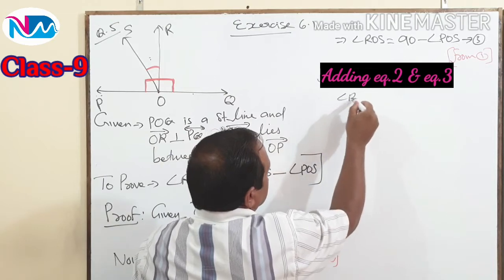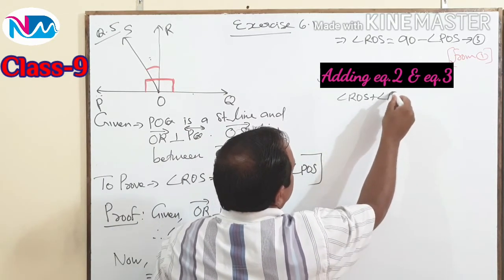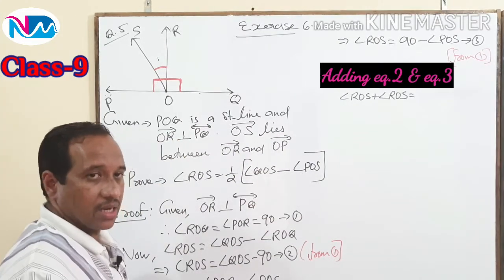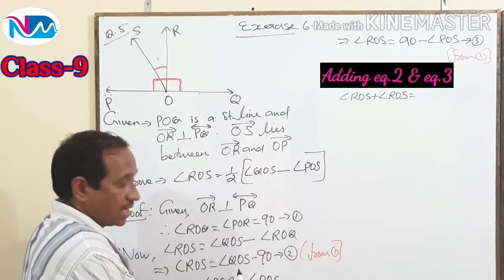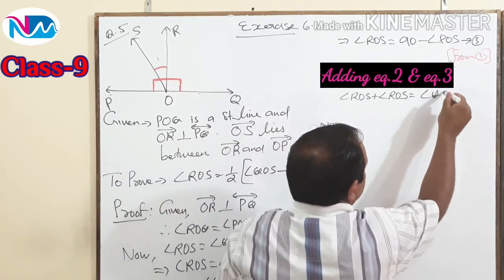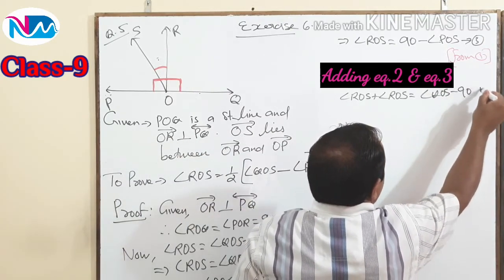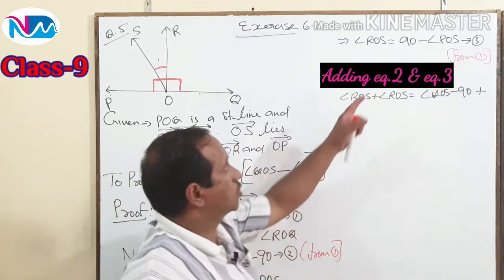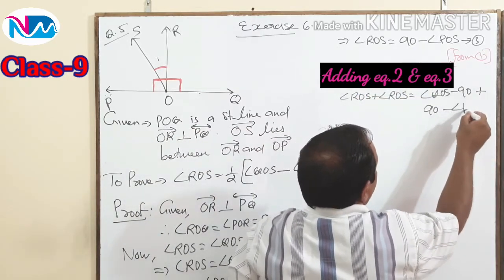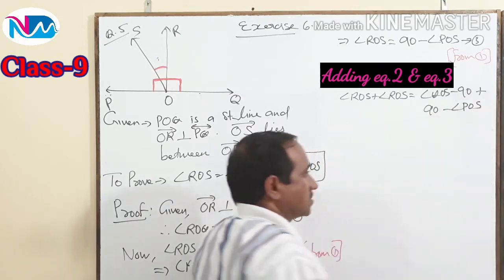So angle ROS plus angle ROS is equal to, now we have to add RHS. In equation 2, RHS is angle QOS minus 90, plus, and in equation 3 RHS is 90 minus angle POS.